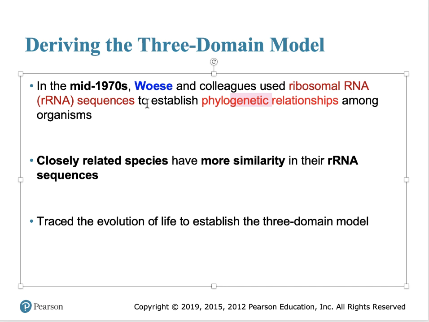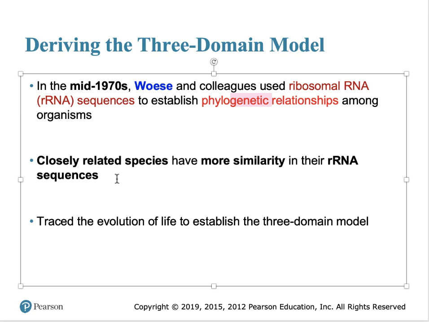Because RNA is a molecule of inheritance in some creatures and an important molecule of information in all other creatures, comparing those sequences gives the computer enough information to rearrange the species in order of similarity. So closely related species have more similarity in their ribosomal RNA genes than do more distantly related species.